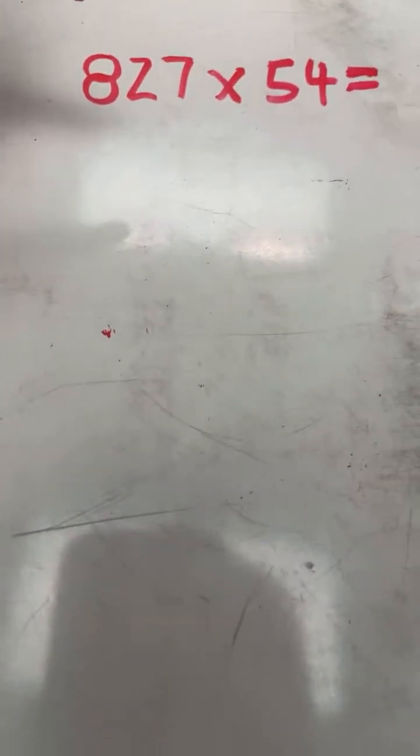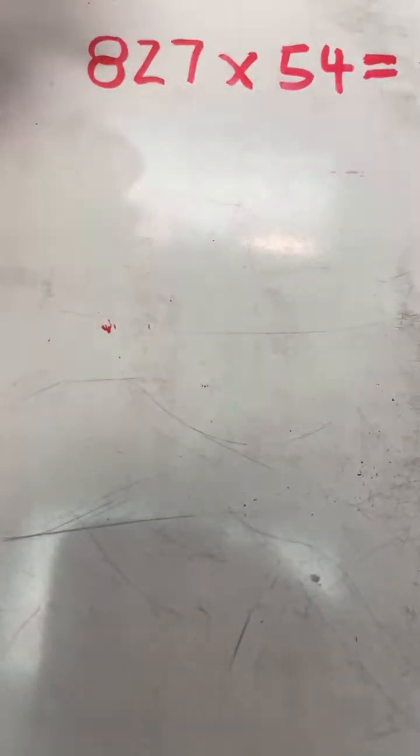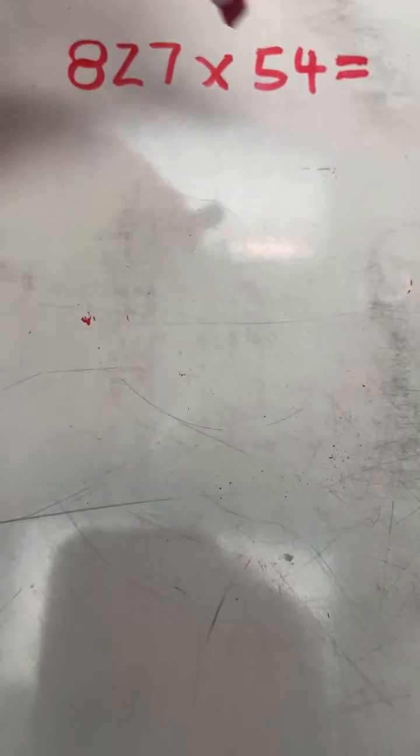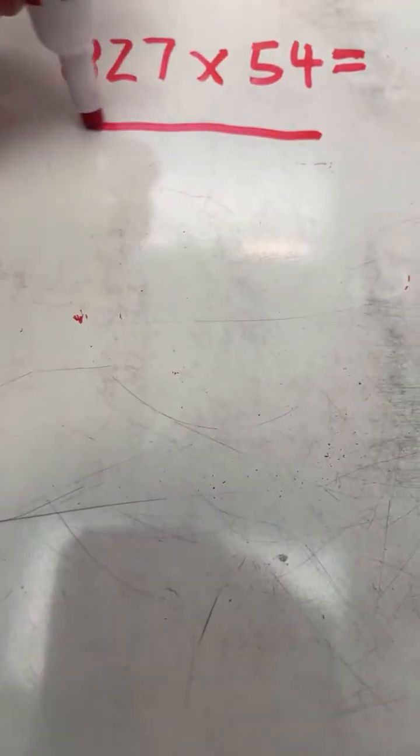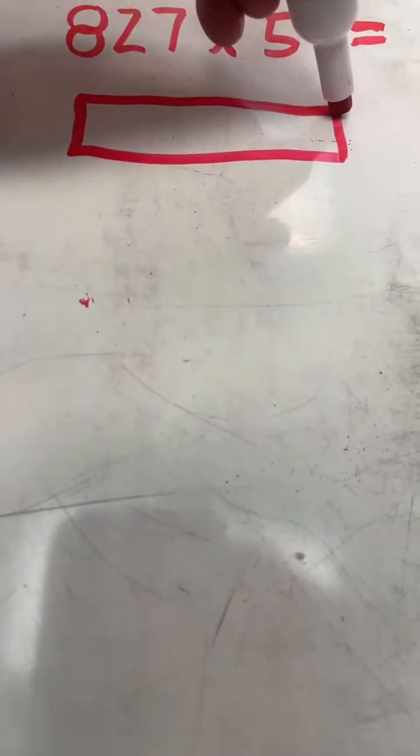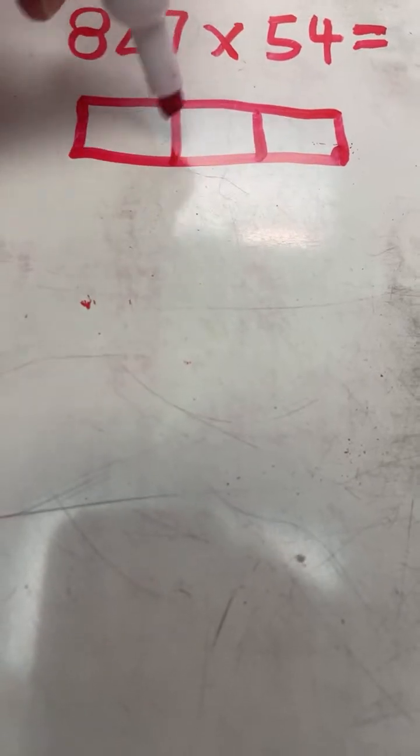So when we make this model for the Lattice method, since we're doing 3-digit by 2-digit multiplication, we're going to have 3 boxes in each row. We're going to have 2 rows.